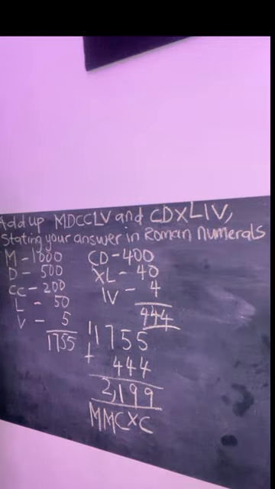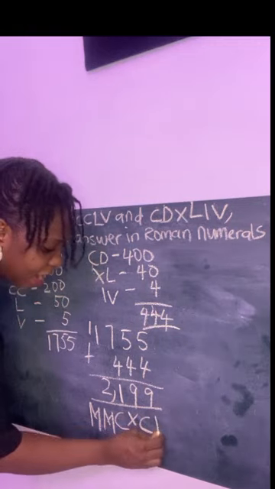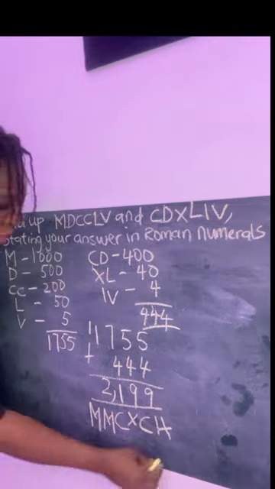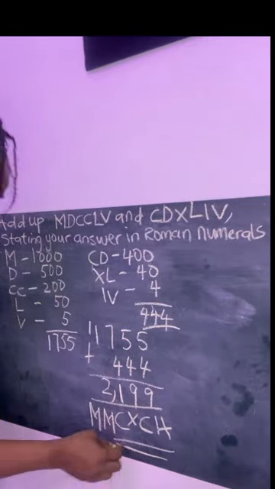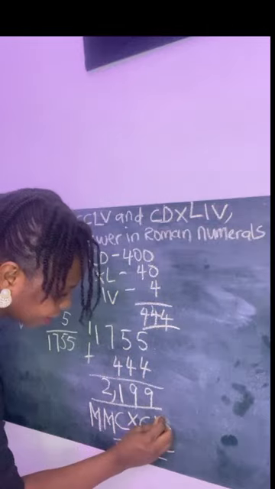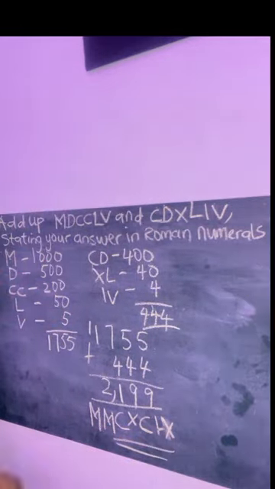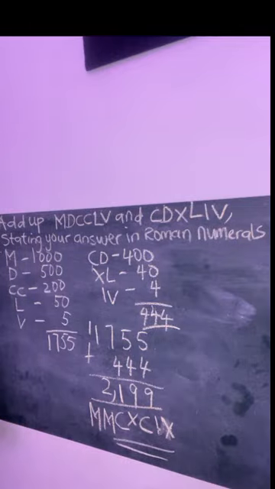What is your 9? Remember, your 10 is X, so IX. So this is our total number: MMCXCIX. Please go through it to understand clearly everything I have done here.